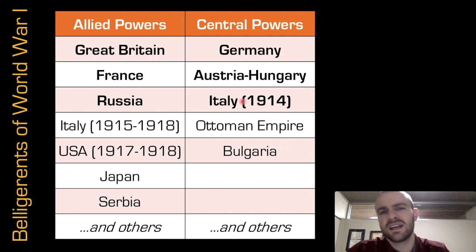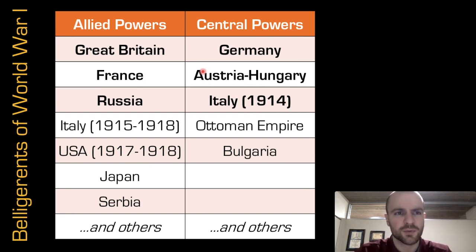Italy is an interesting case because Italy initially ends up making a defensive alliance with Austria-Hungary and Germany. But when Germany and Austria-Hungary start this war, because Austria-Hungary declares war on Serbia first, we'll get there, Italy says, hold on a second.